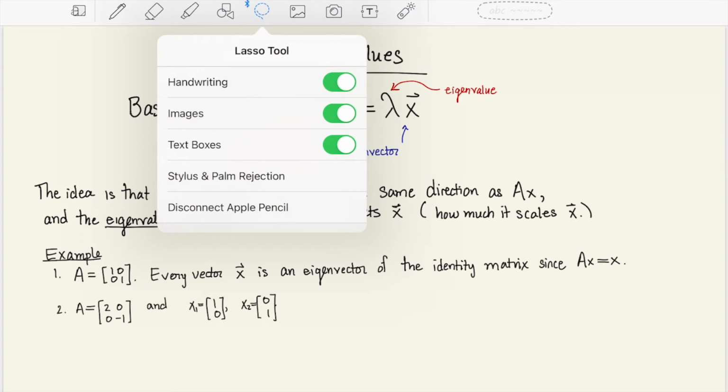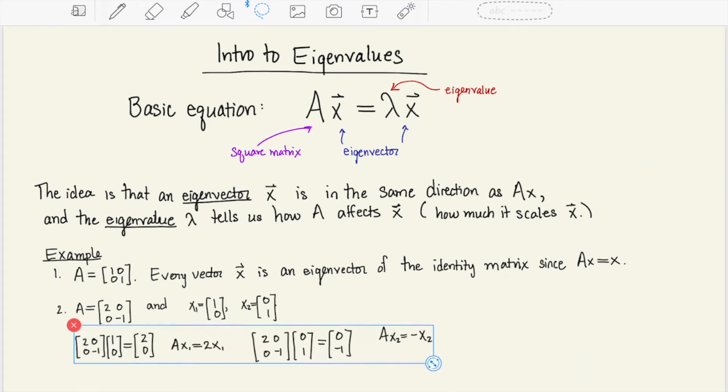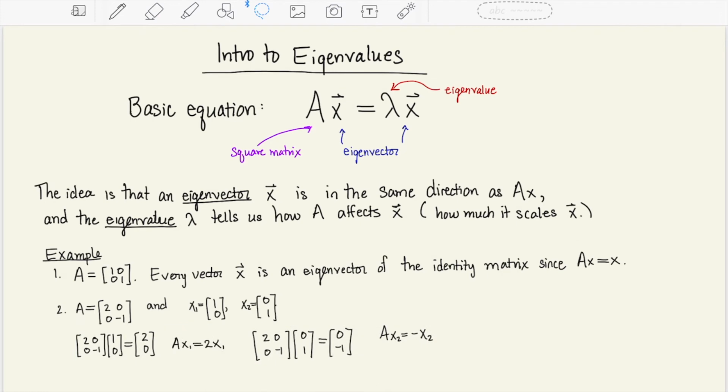Now we'll take the 2 by 2 matrix 2, 0, 0, minus 1, and let's see what it does to the vector x1, which is 1, 0, and then the vector x2, which is 0, 1. When you apply a matrix to a standard unit basis vector, it just strips away the corresponding column. So in particular, what we have here is that Ax1 is equal to 2x1 and Ax2 is equal to minus x2.